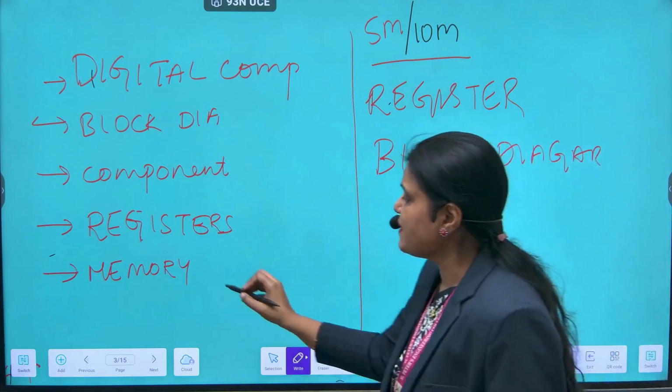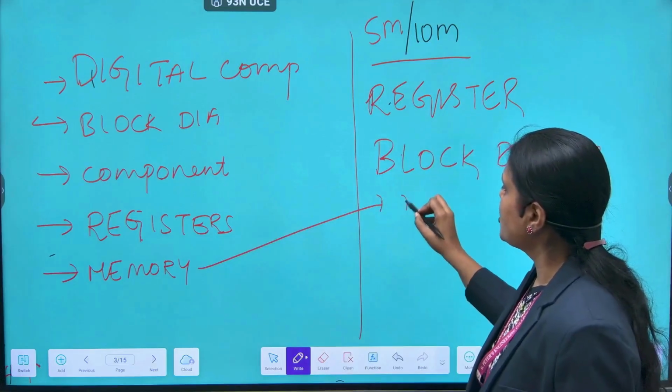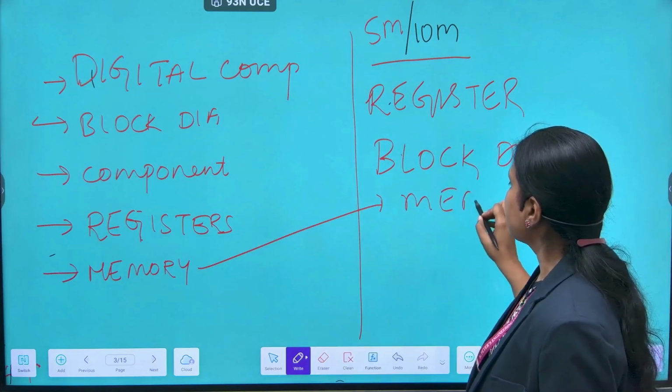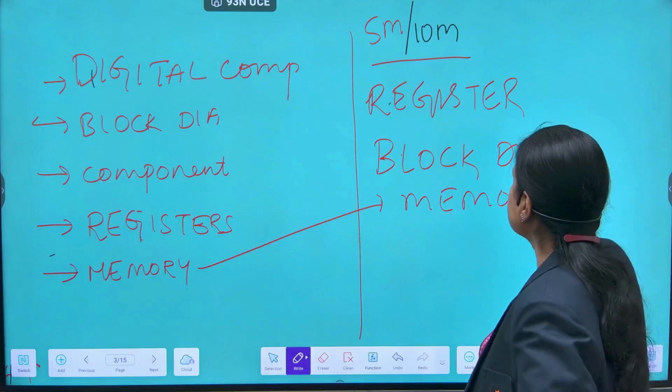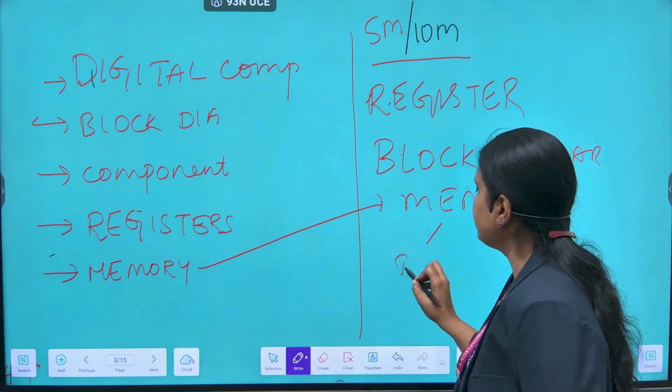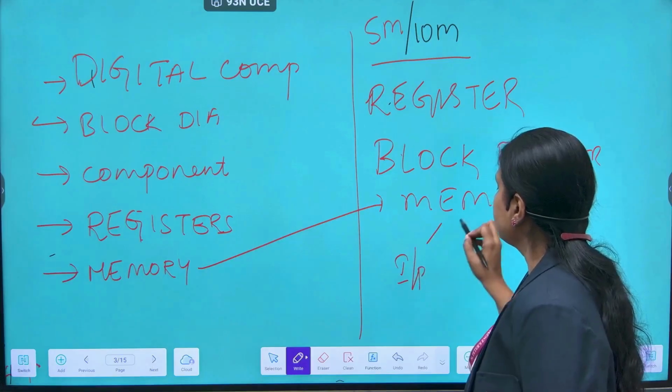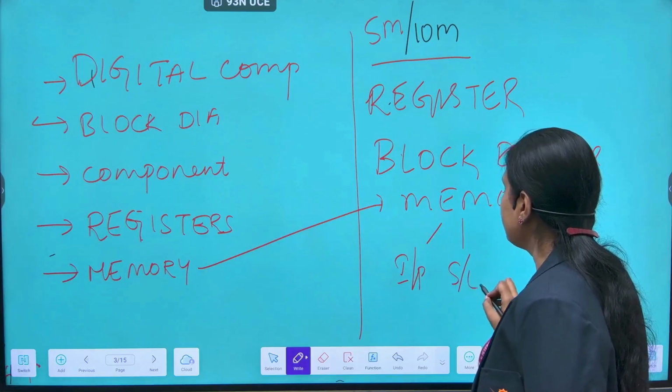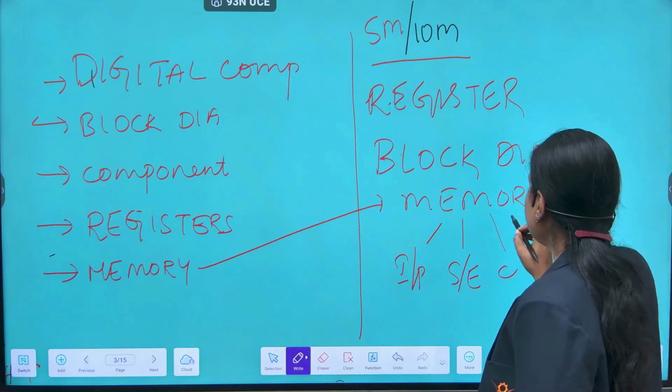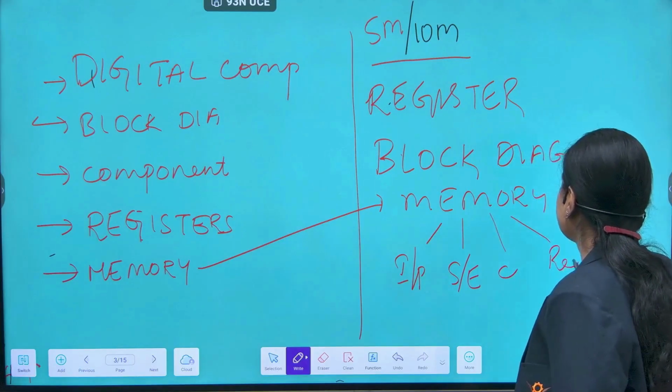And next is memory. When they ask about memory, specifically write about internal memory or primary memory, secondary memory or extended memory, cache memory and registers.